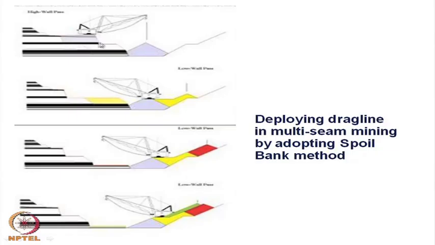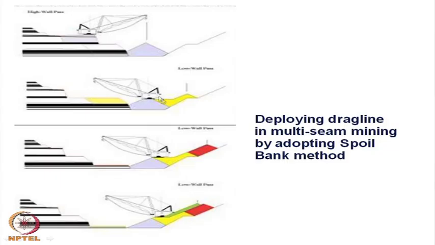Now the operation will go on for excavating this coal seam. After excavating this coal seam, this overburden dump is out. Now, after that the dragline will be sitting on this spoil dump, that is, this spoil bank is created with the overburden of the top bench.